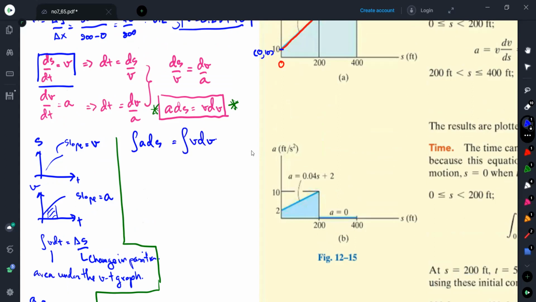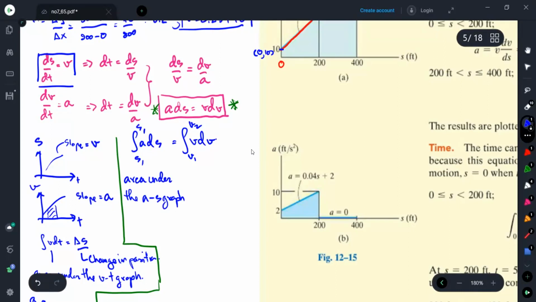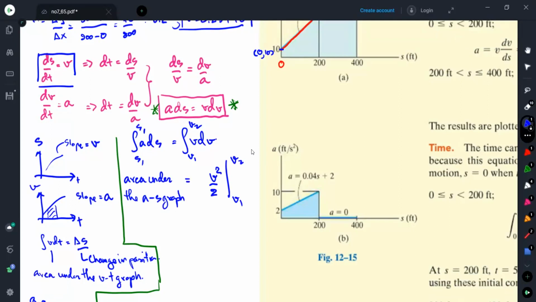So if we consider this relationship and integrate both sides, from v1 to v2 on one side and s1 to s2 on the other, on the left-hand side it becomes the area under the curve. But on the right-hand side, we have this term, and you see that it is not equal to v anymore.